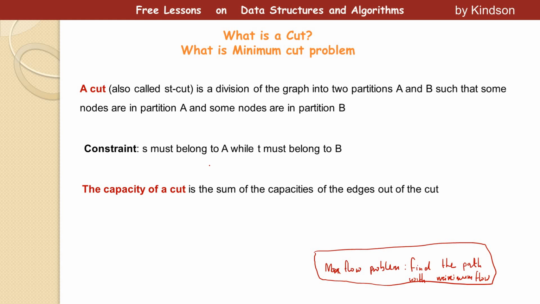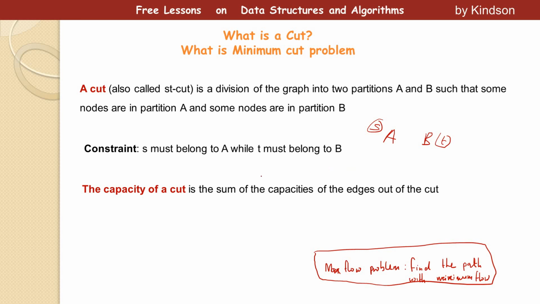It's a division of the graph into two partitions, A and B, such that some nodes are in partition A and some nodes are in partition B. Now there must be a constraint: T has to be in partition B and S has to be in partition A. Remember what S and T are. S is the source and T is the sink.